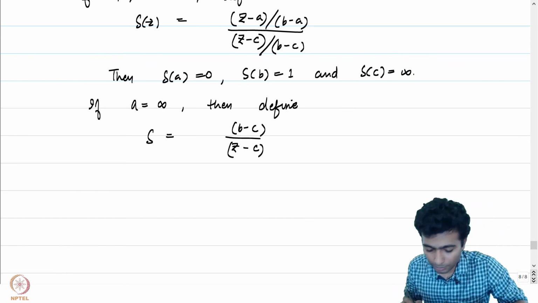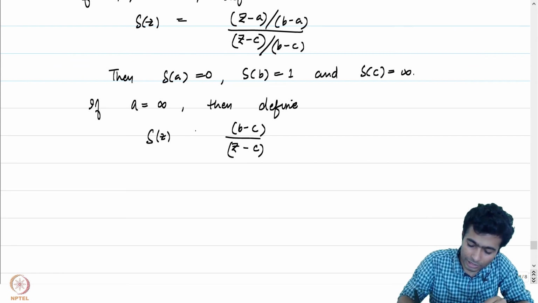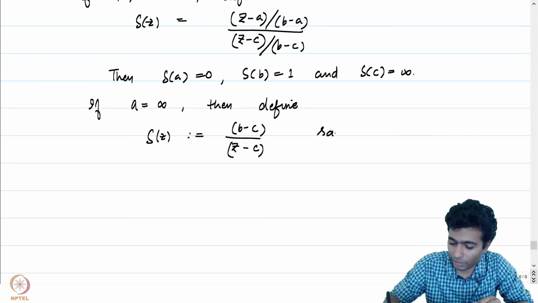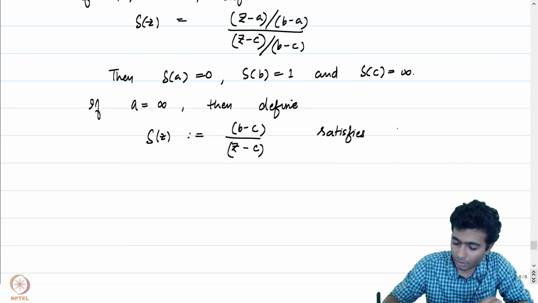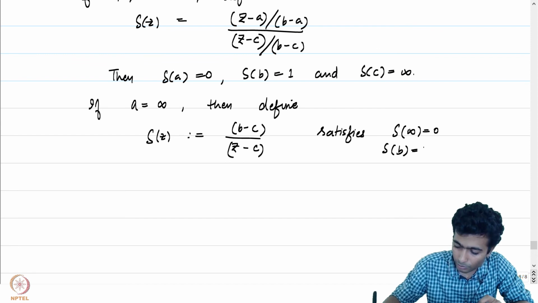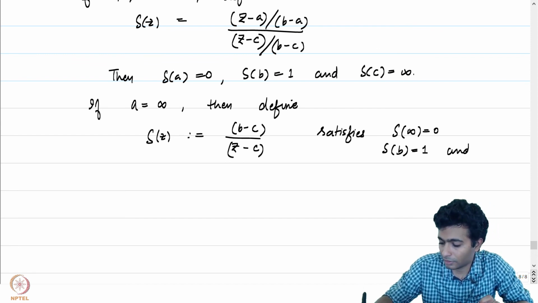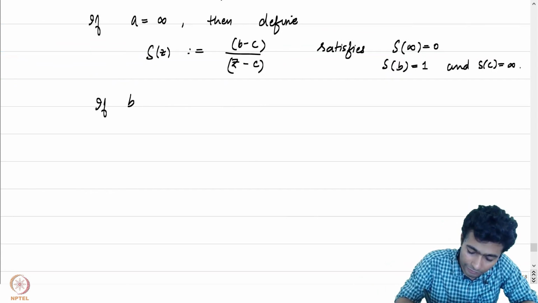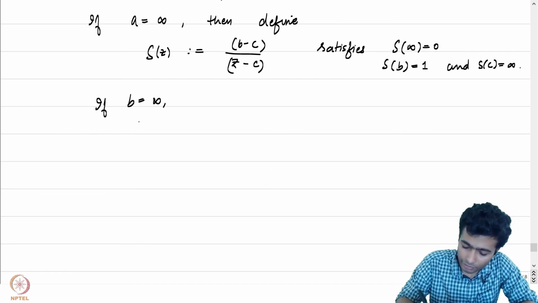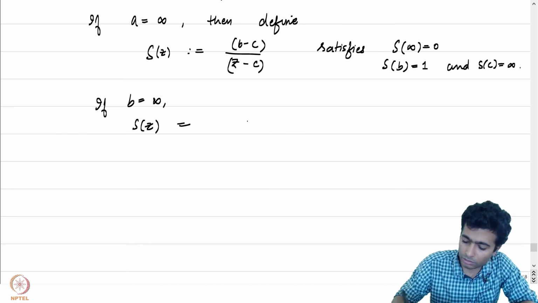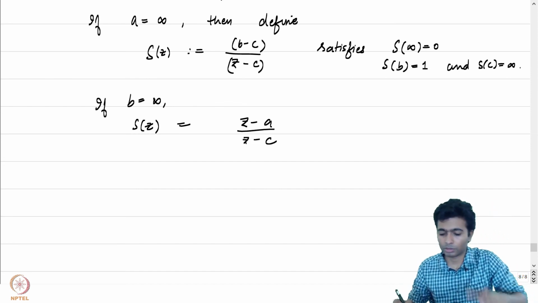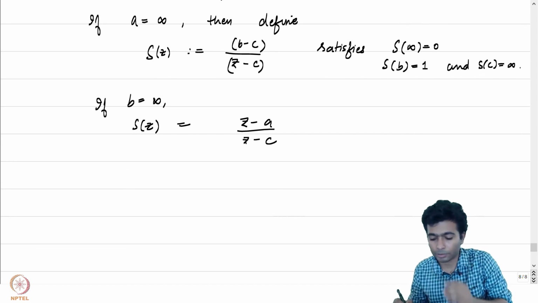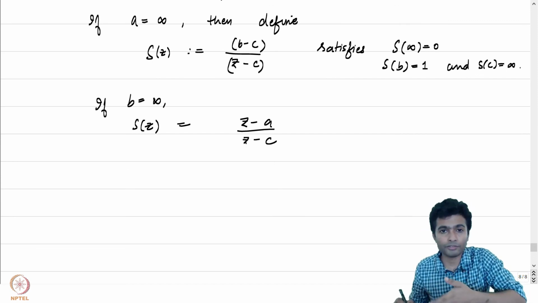So check that this particular Mobius transformation satisfies all our requirements: S of infinity is 0, S of B is equal to 1 and S of C is the point at infinity. Now next is the case when B is infinity. There it's quite straightforward because B is going to get mapped to 1. This is just going to be (Z minus A) by (Z minus C). So notice that C is getting mapped to infinity here, A is getting mapped to 0 and B, which is the point at infinity, is getting mapped to 1.